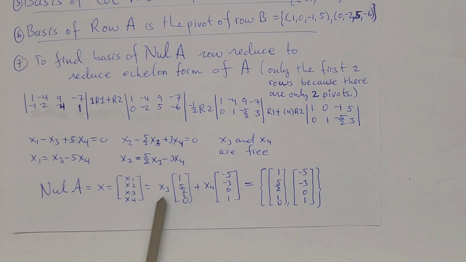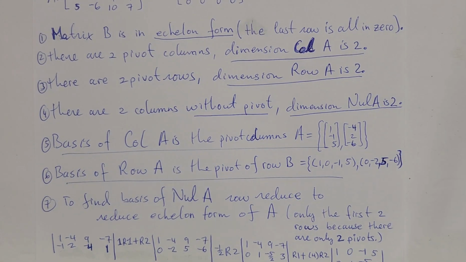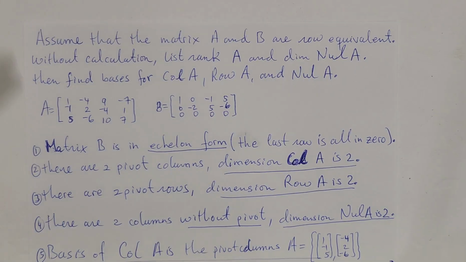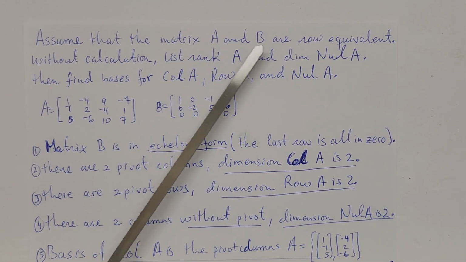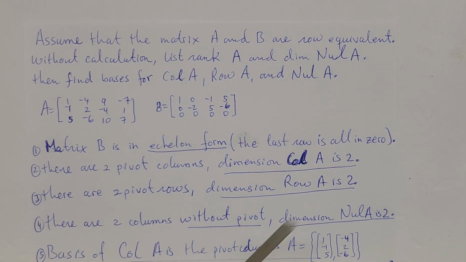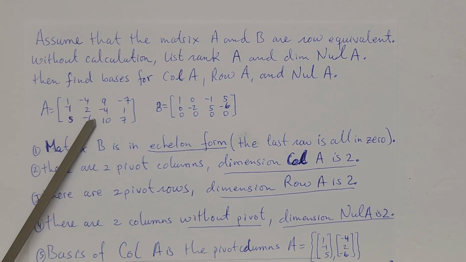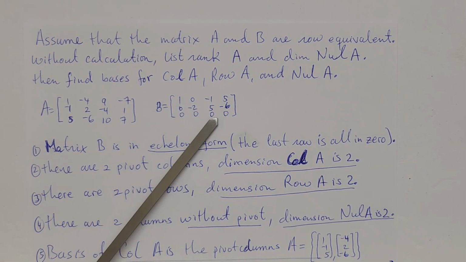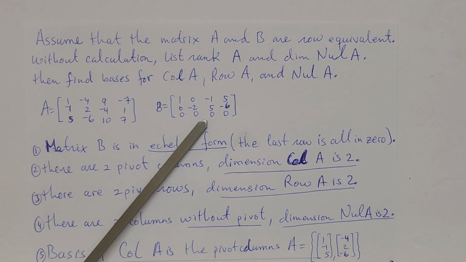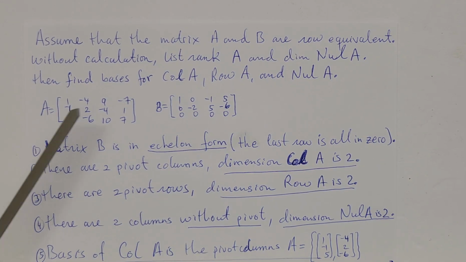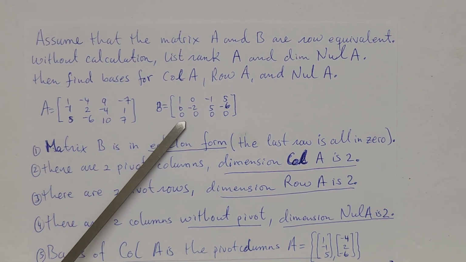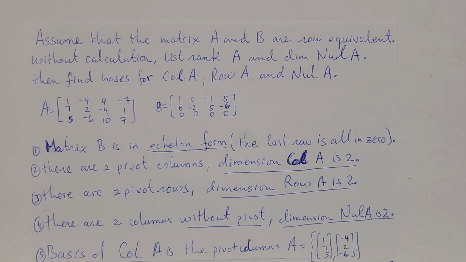So these two vectors are the basis of null A. Be very careful, especially when it says A and B are row equivalent. That means A is the original matrix, and B is the answer to A after row operations. So be very careful when it says A, B, or row equivalent.